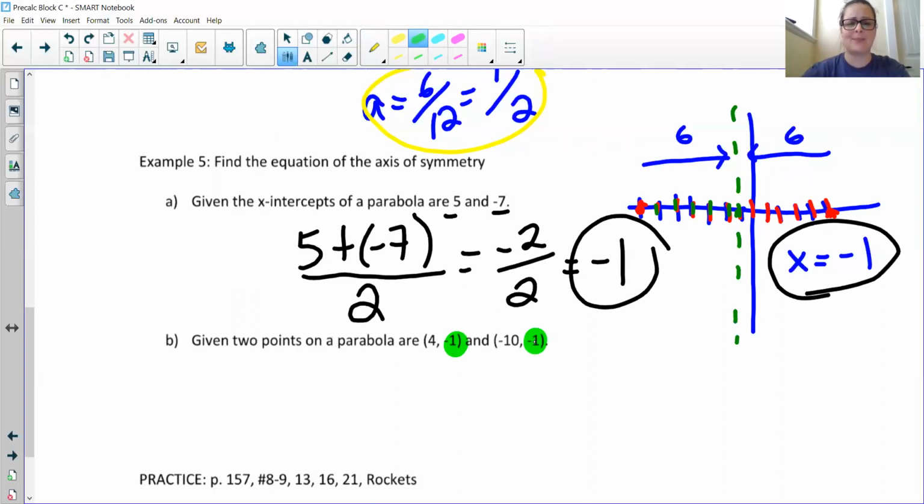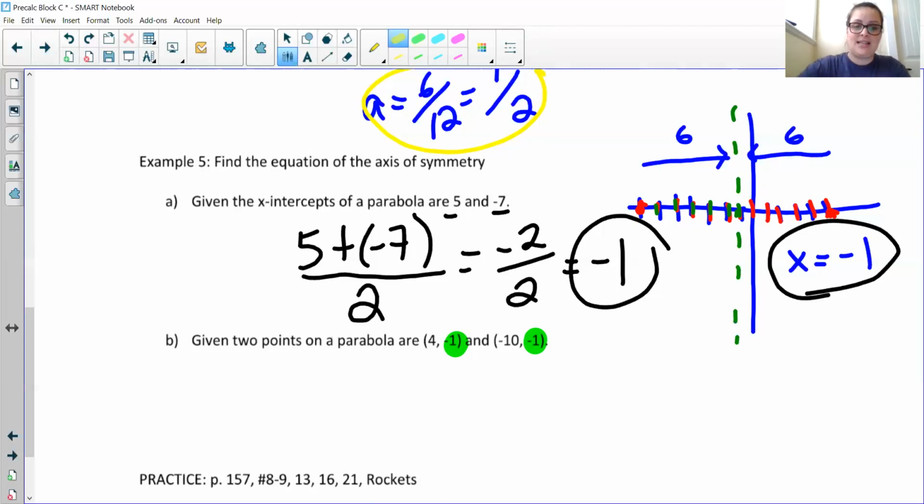So for this next example, it's given us 2 coordinate points. They're not x-intercepts, but we can still find the axis of symmetry, which means we can still find the p value for the vertex form, and we can still find the x-coordinate portion of the vertex. We do the exact same thing.